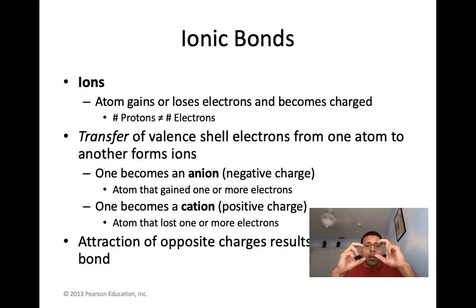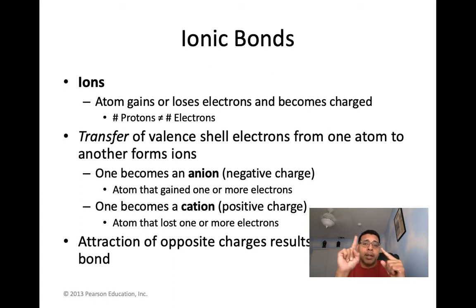The one that loses is going to lose a negative charge. The other gains a negative charge. So now they're not electrically neutral anymore. They're going to become opposite charges. One will have an overall positive net charge, one will have an overall negative net charge, because one lost the electrons.